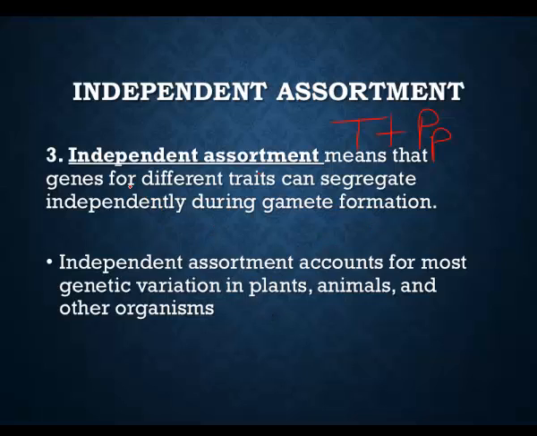And we'll see this more when we get to dihybrid crosses, which you don't know much about yet, but we'll get there. So don't worry about that quite yet, but just know that that's his third law, independent assortment.